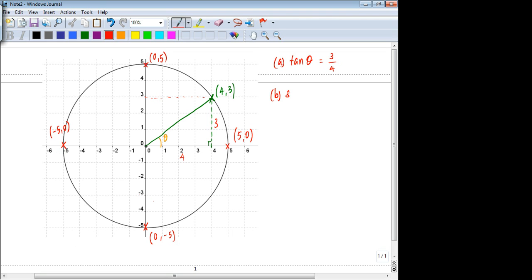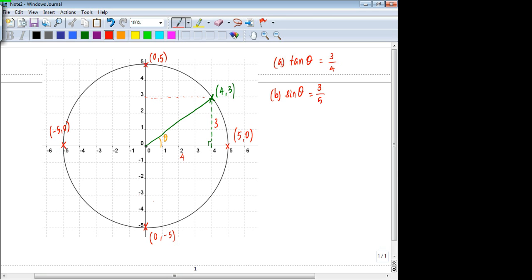What about sine theta? So sine, we have our opposite first, right? Which one is the opposite? 3 over 5. Hypotenuse, don't anyhow say.